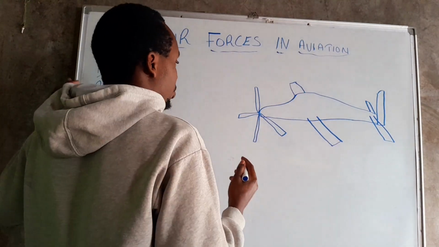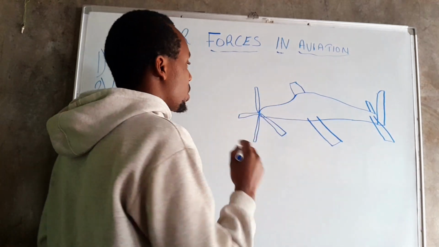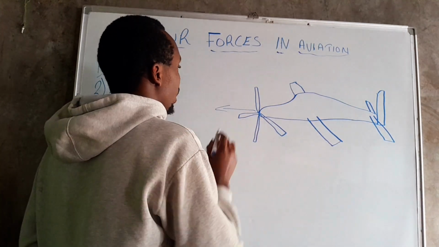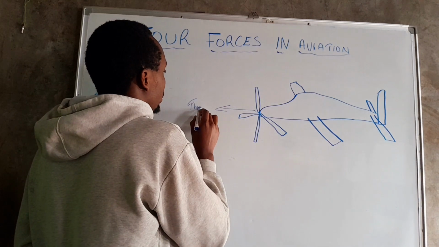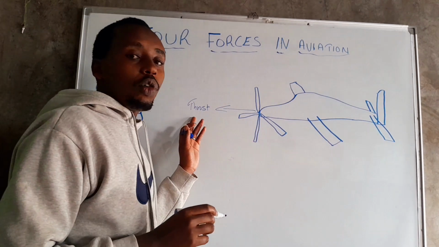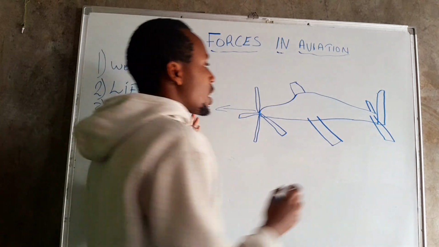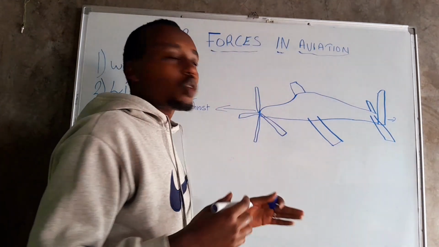So about the four forces, we have the force that actually pulls the aircraft forward like this, which is thrust. We also have a force that acts against thrust, that works as a resistance.